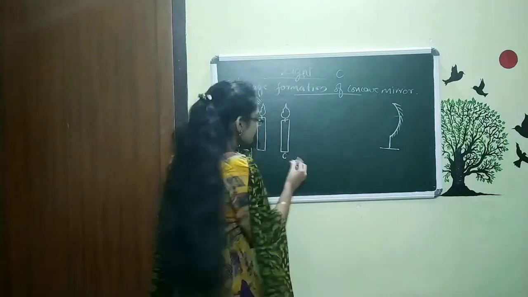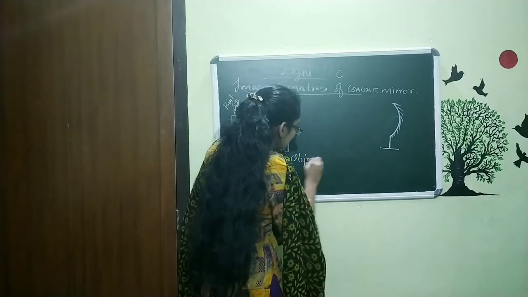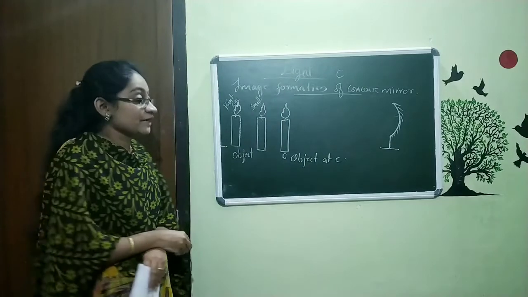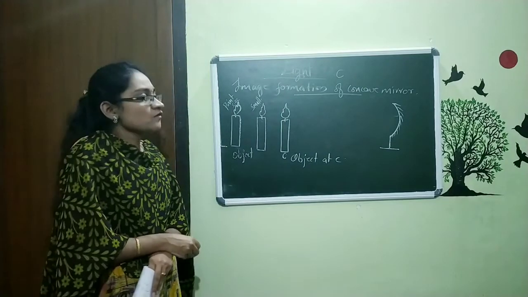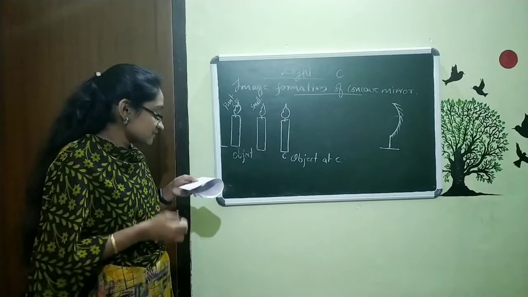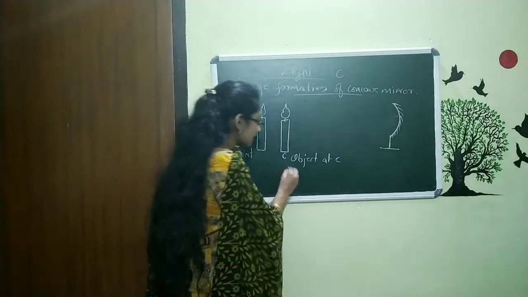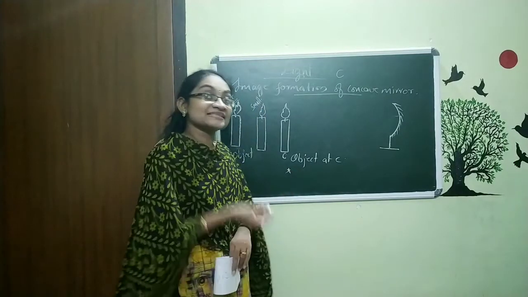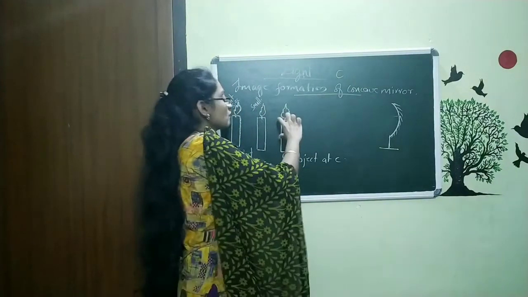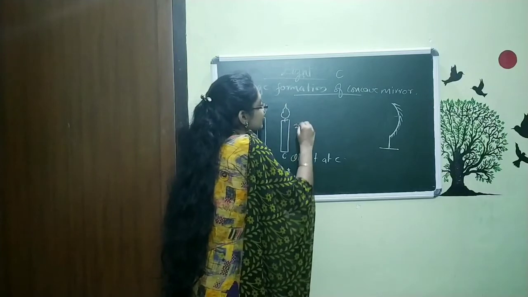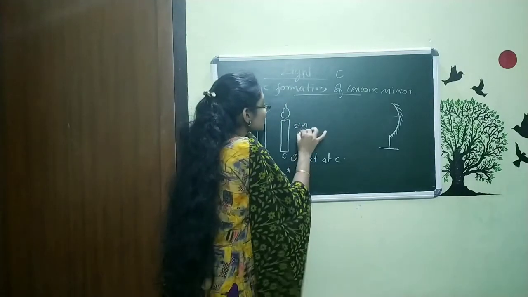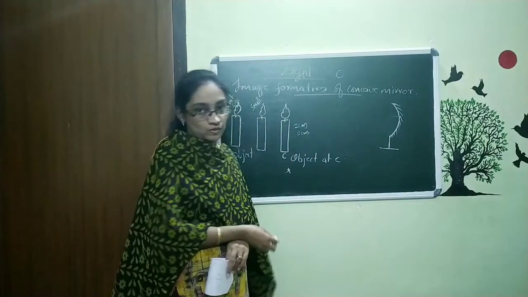Object at C. We are placing the object at C. What happens to the image? Now, the thing is very interesting. The size of the image is the same as the size of our object. That means if the object is 2 centimeters long, then our image is also 2 centimeters long.